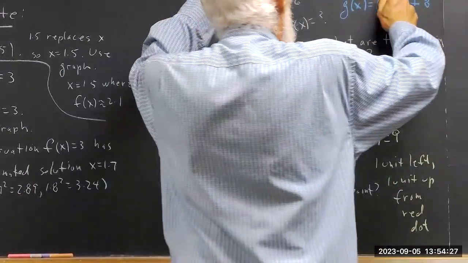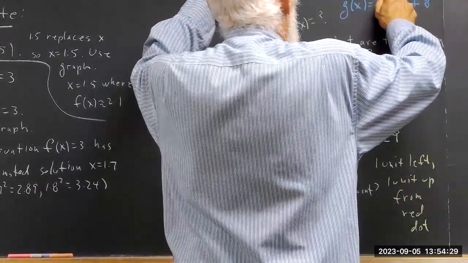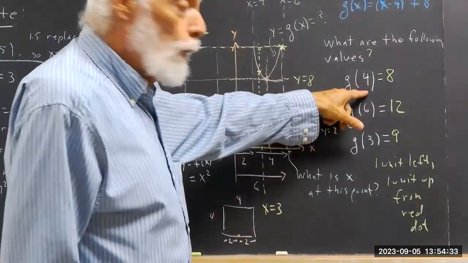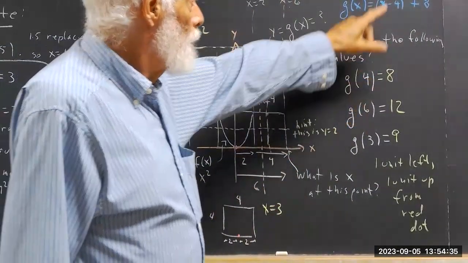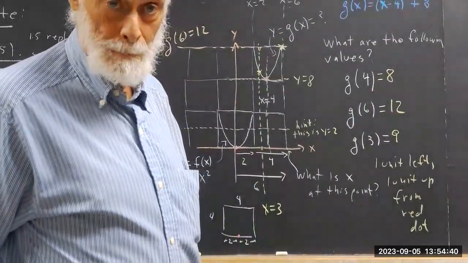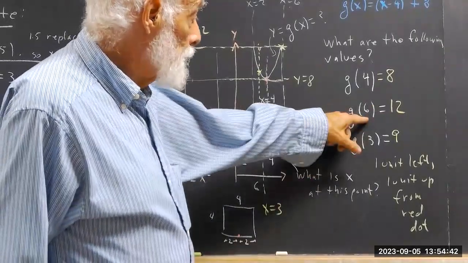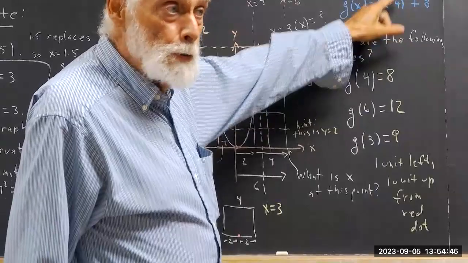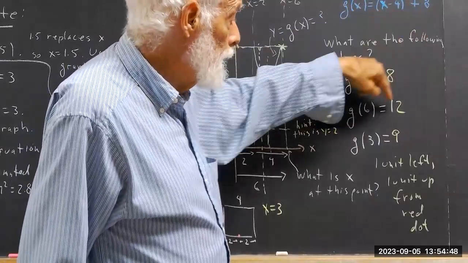It's p of x equals (x minus 4) squared plus 8. If you put 4 into this function, 4 minus 4 is 0, you get 8. Okay? Put 6 into this function. 6 minus 4 is 2. 2 squared is 4, and you add 4 to 8, you get 12.